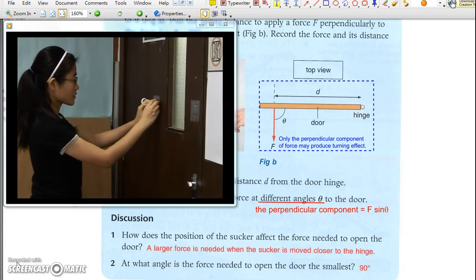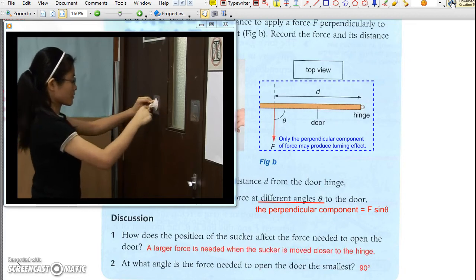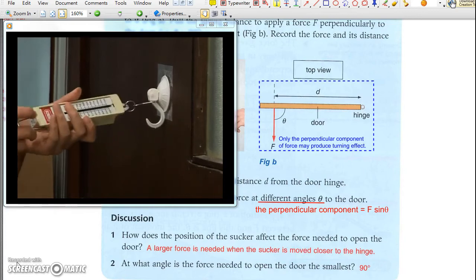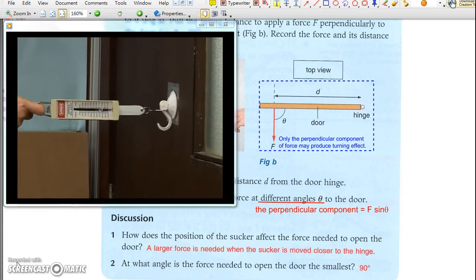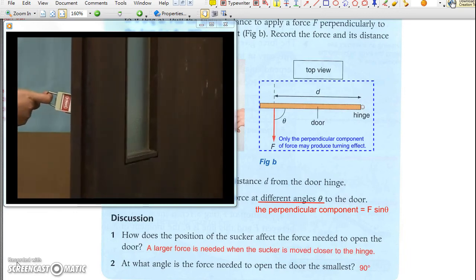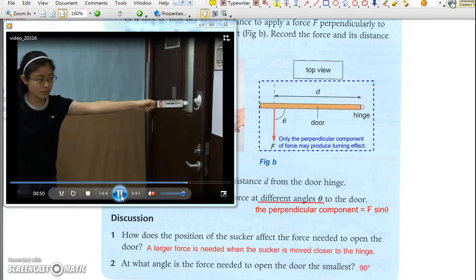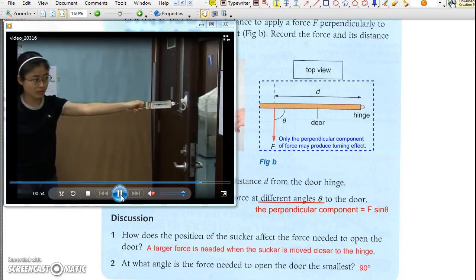Then the sucker is closer to the hinge, and a larger force is needed to open the door. Lastly, when the force is applied at an angle, the needed force is also larger.